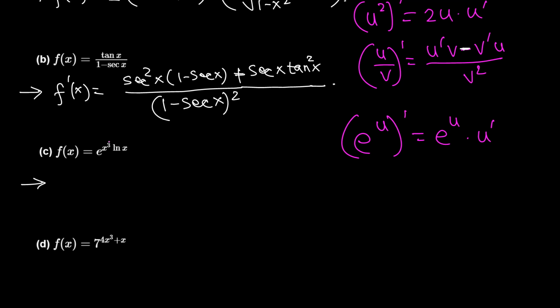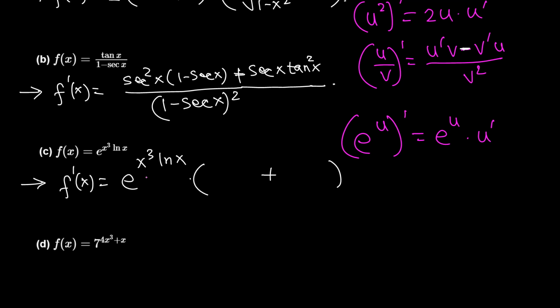So u is x cubed times natural log of x. So the derivative is itself, e raised to x cubed ln x, times the derivative of the exponent, that's the u prime. And in fact this is a product, x cubed times natural log of x, so we must use the product rule here.